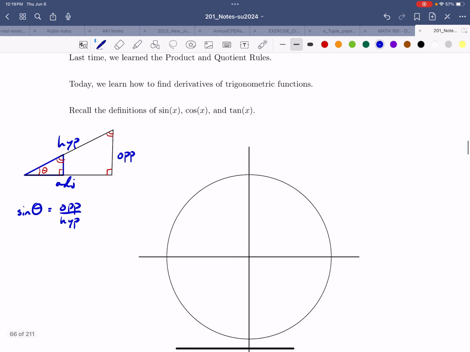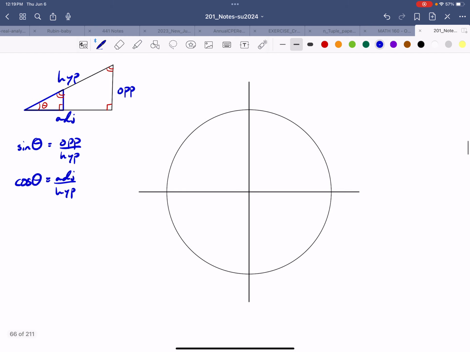Similarly, cosine of theta is defined to be the ratio of the adjacent length to the hypotenuse length. And again, it doesn't matter how big or small the triangle is. It's always the same. And then last but not least, tangent of theta is opposite over adjacent, which, by the way, is the same as sine of theta over cosine of theta, if you think about it. The over hypotenuses go away.